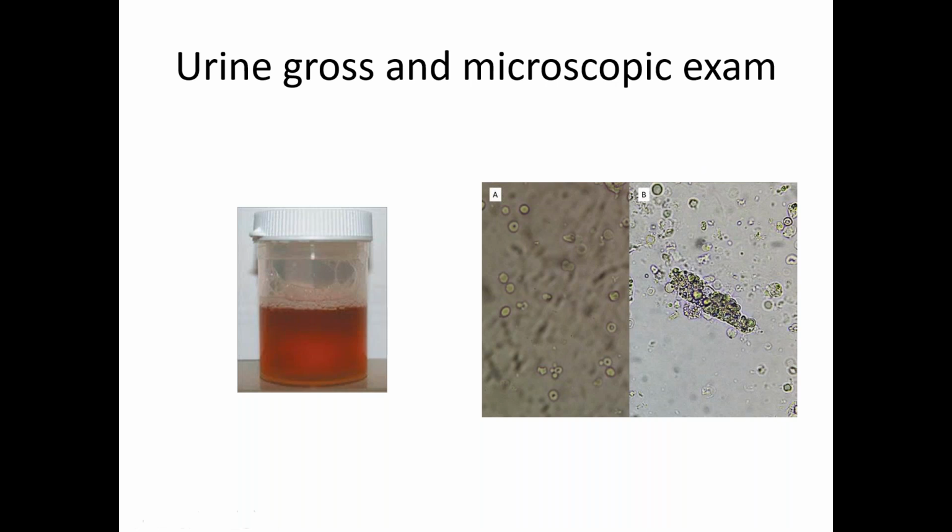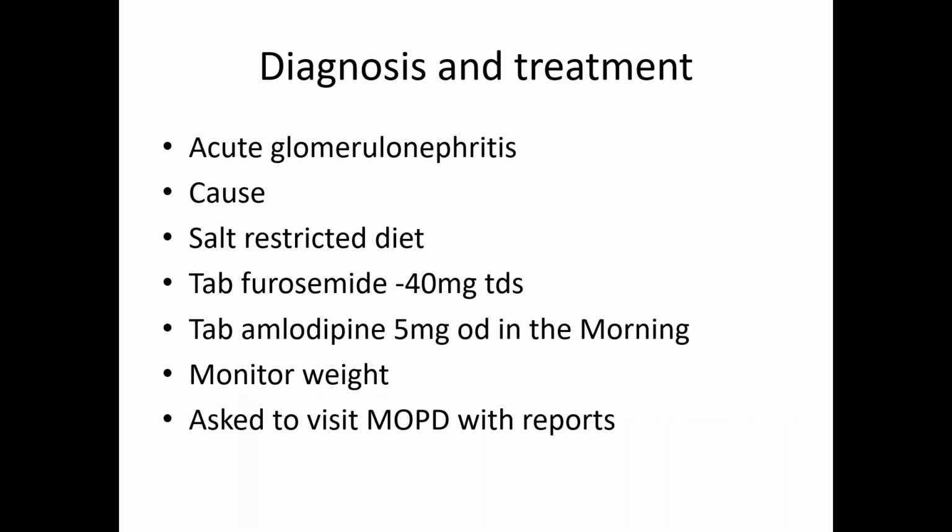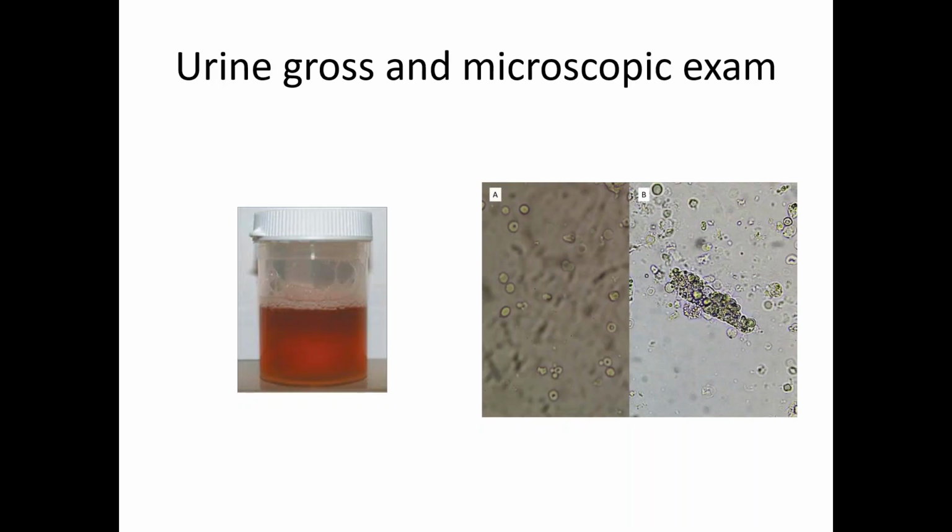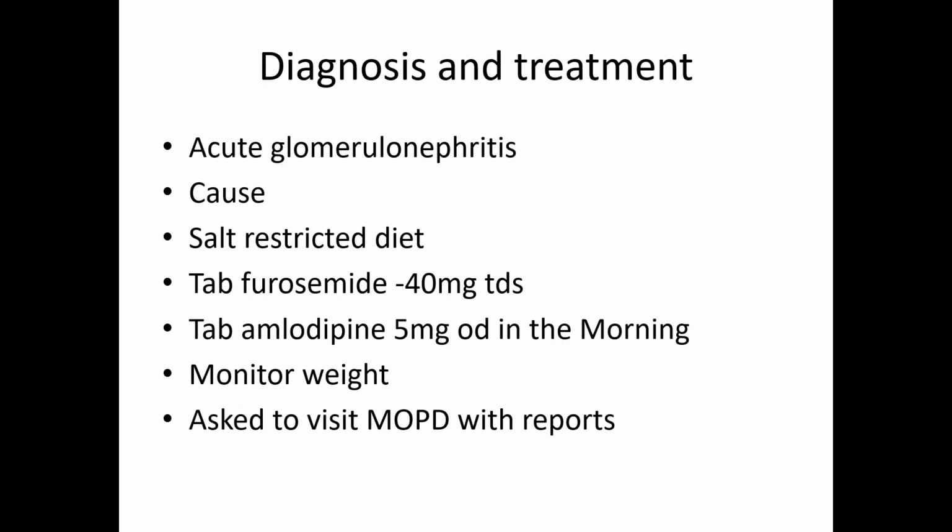So the patient is having edema, hypertension, and other renal function abnormalities. In this patient, the report of the blood urea is 48, serum creatinine is noted as 1.6.